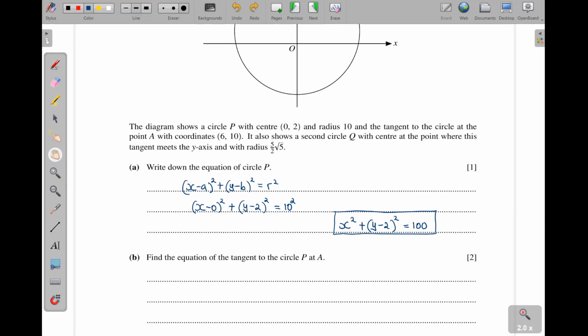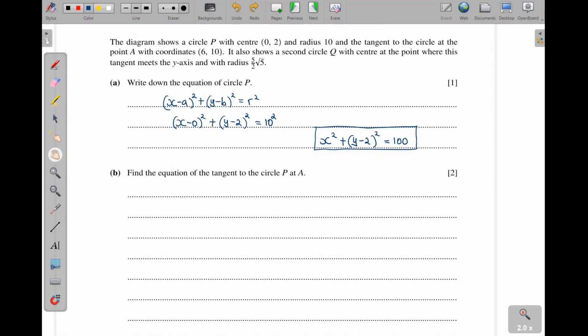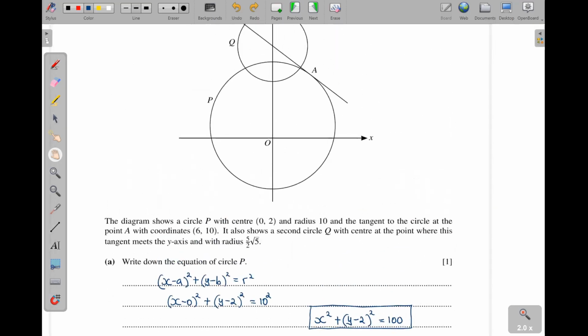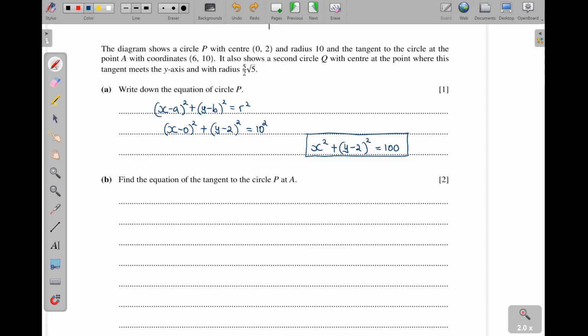And then part B, find the equation of the tangent to the circle P at A. Now, one thing you need to know about circles is that the tangent is always perpendicular to the radius.